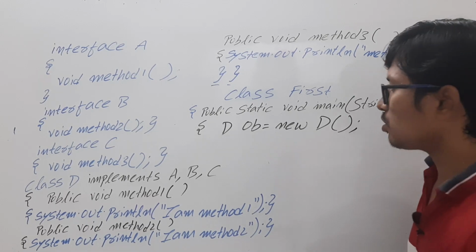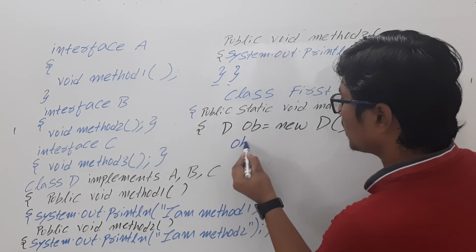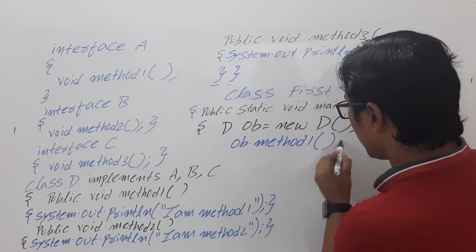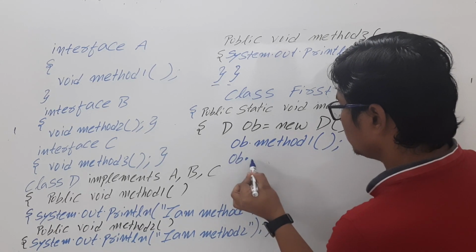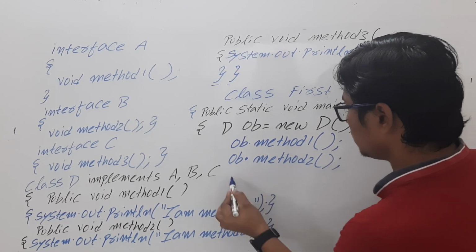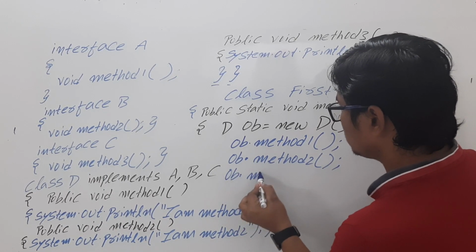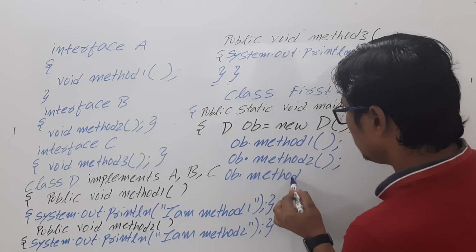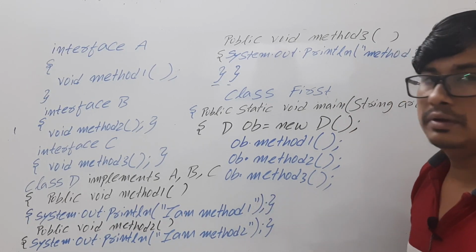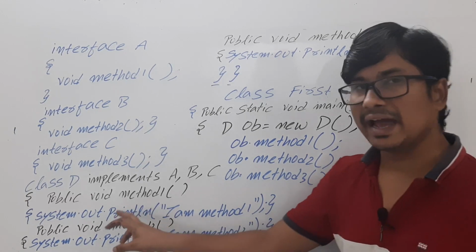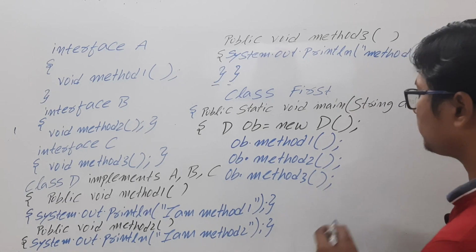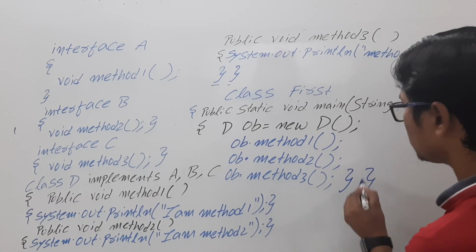Now using this object called ob, you can access method 1, you can access method 2, you can access method 3. All these 3 methods you can call, or access, using the object created for this class D. Now let me close the method, let me close the class.